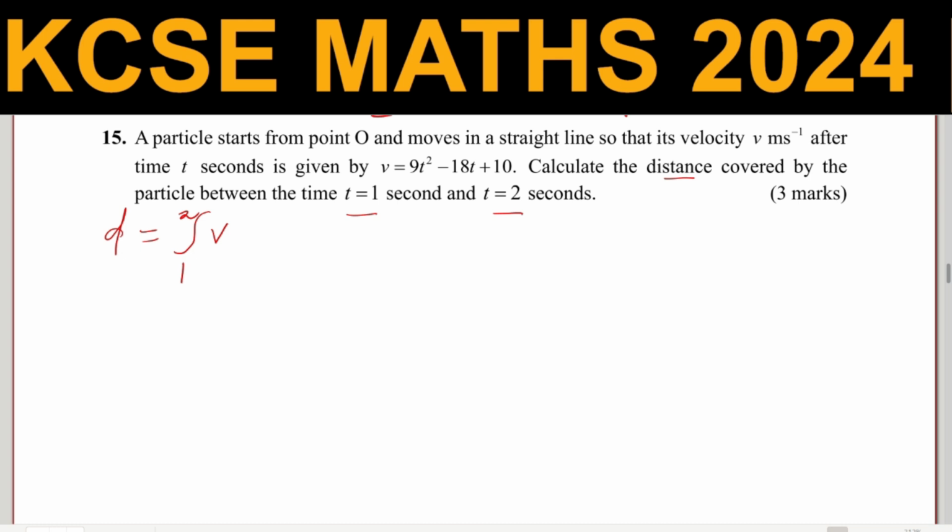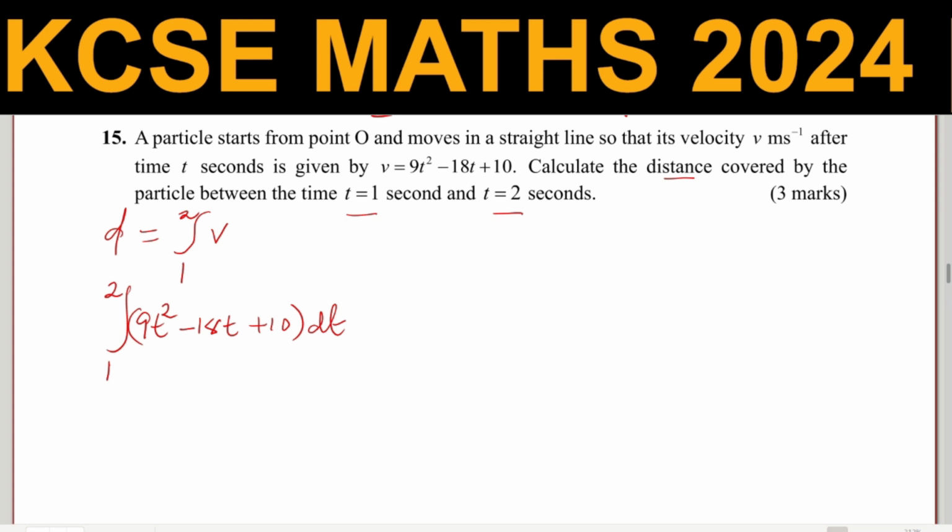So distance is given by, we integrate this expression for velocity from t equals 1 to 2. This is 9t squared minus 18t plus 10 with respect to t, like that.